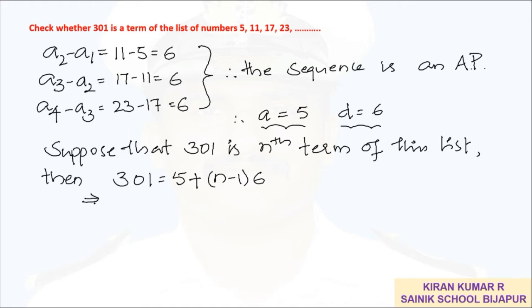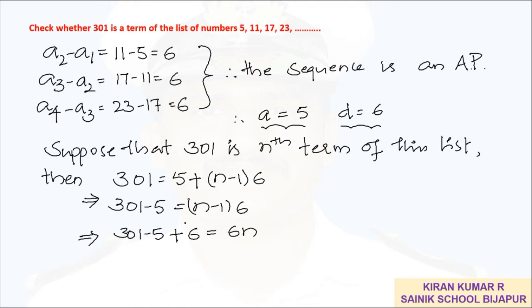So let me solve this. 301 minus 5 equals (n minus 1) times 6. This implies (301 minus 5), I will transpose this negative 6 to the left hand side. I'll be getting plus 6 here. So this will be positive 1, the combination. Positive 1 added to 301 is 302. So I'll get the n value as 302 upon 6.